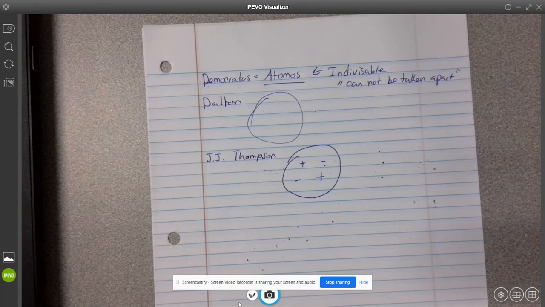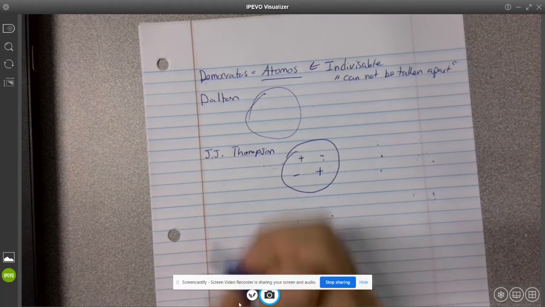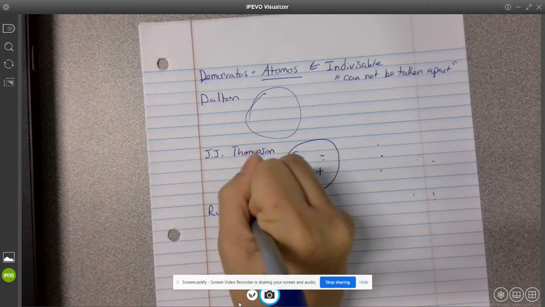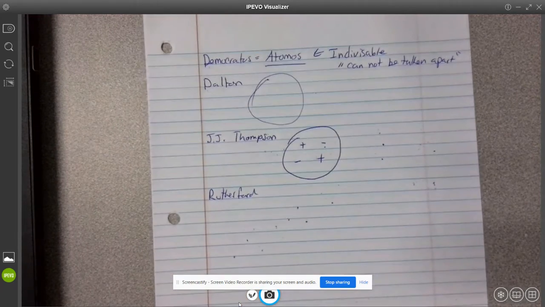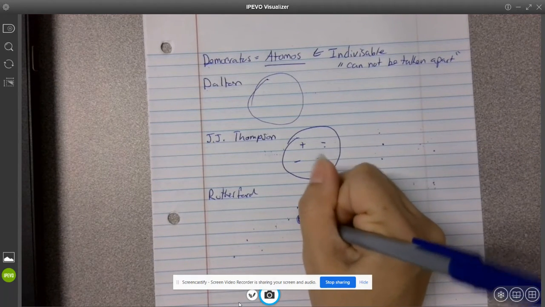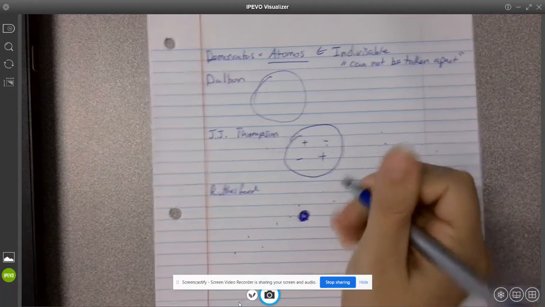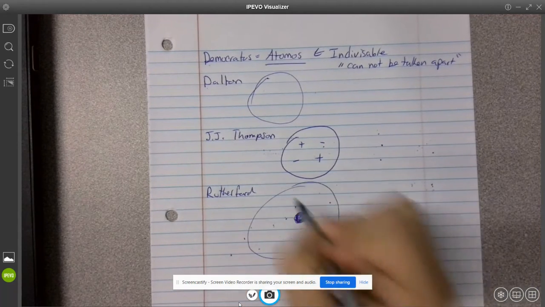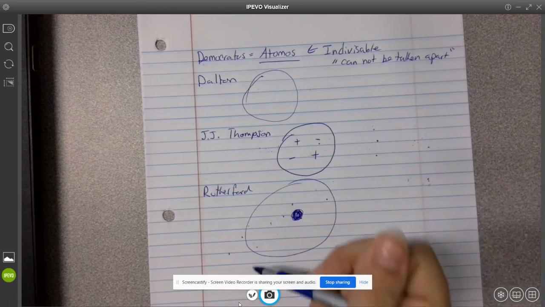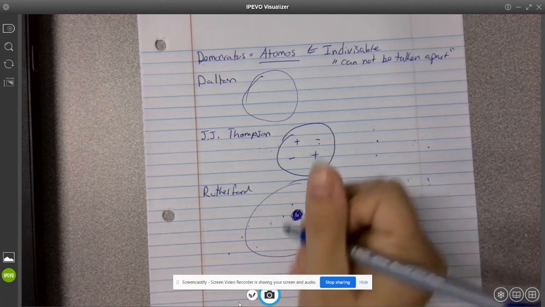And about 9 years later, we had Charles Rutherford, who said our charges are going to be stuck in a center while other parts of our atom will take up the empty space around.